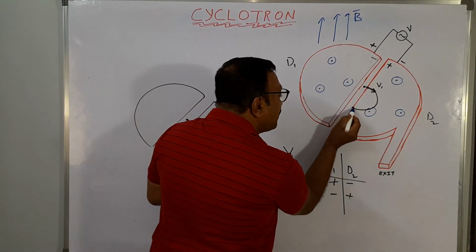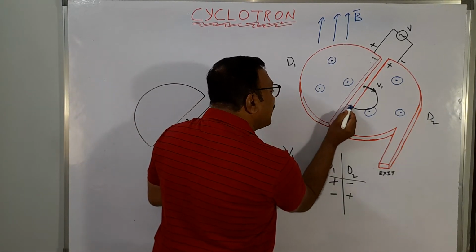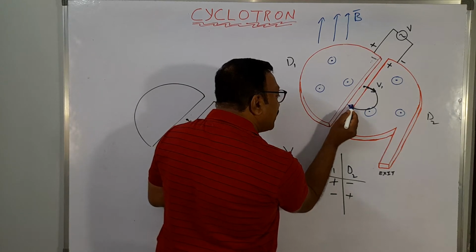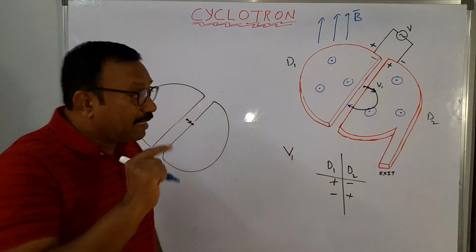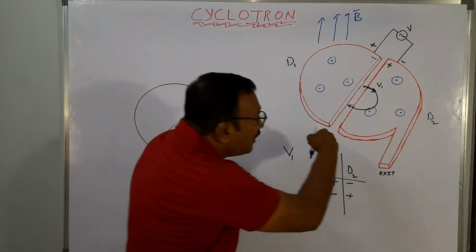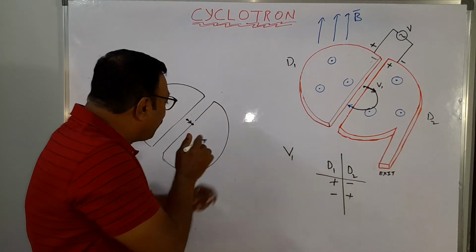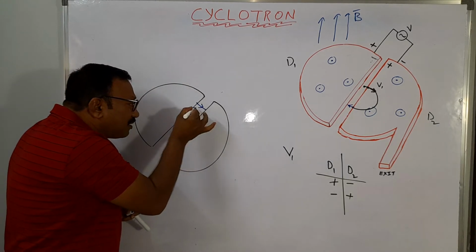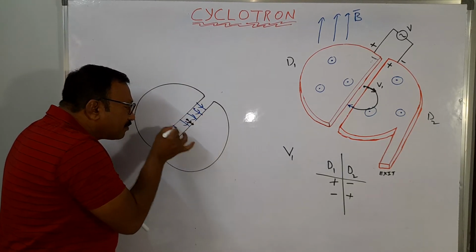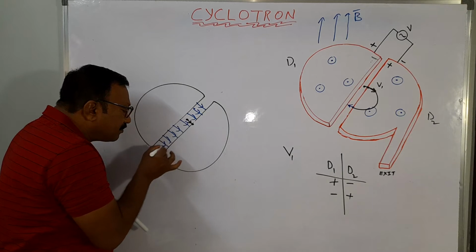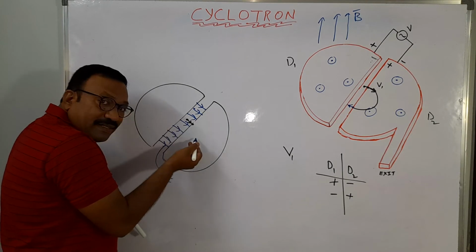Maybe this space is very small, no problem, but even then it will be increasing its velocity here, because it is under acceleration between the D's, as there is an electric field between the plates. Initially this electric field will accelerate it.